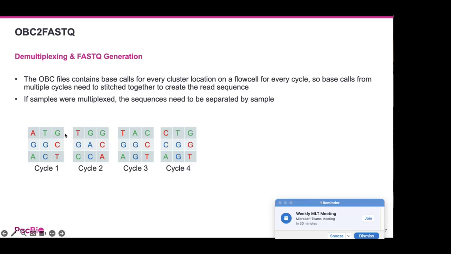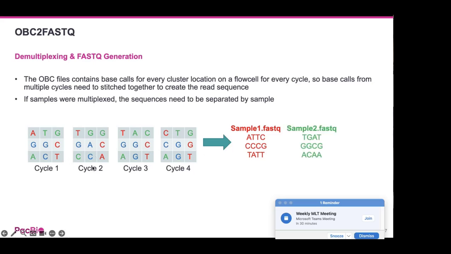What do we actually need to do? We need to take, okay, cycle 1, A, T, T, C. That's one read for sample 1, the red sample. And at another cluster, I have C, C, C, G across these 4 cycles. Then this OBC to FASTQ will pull those out and write C, C, C, G as the next read, and so on.